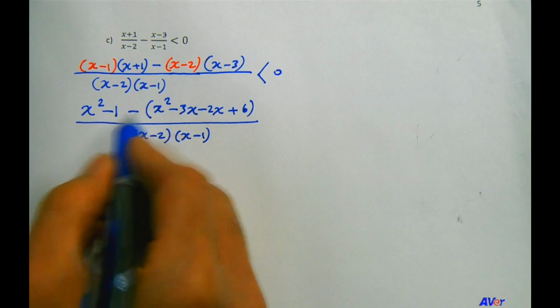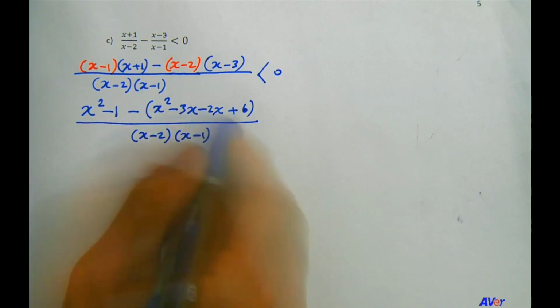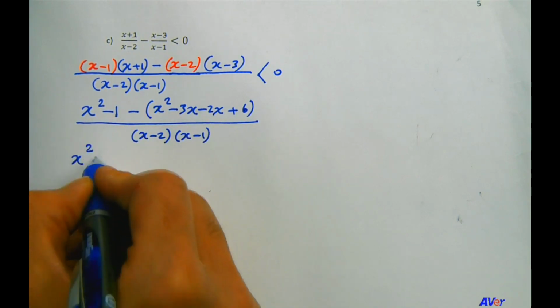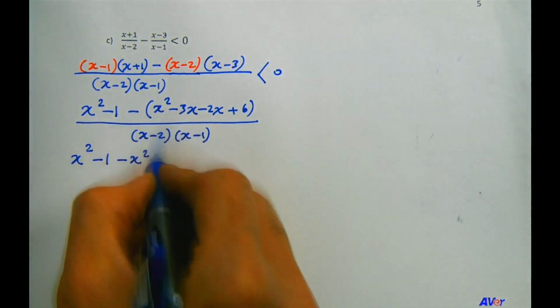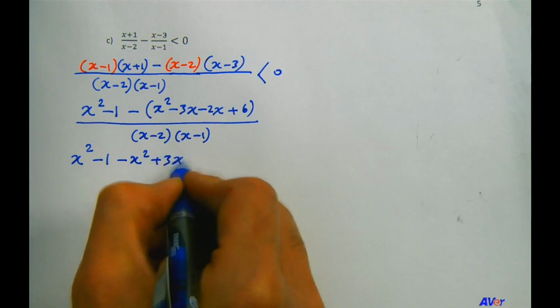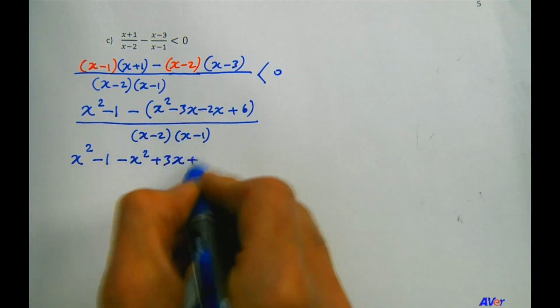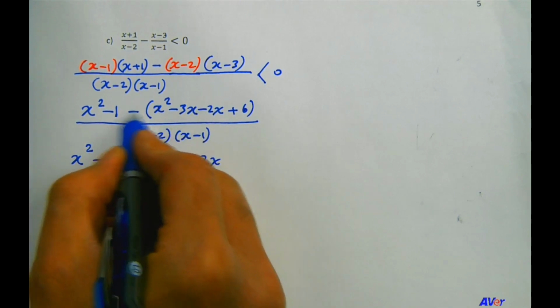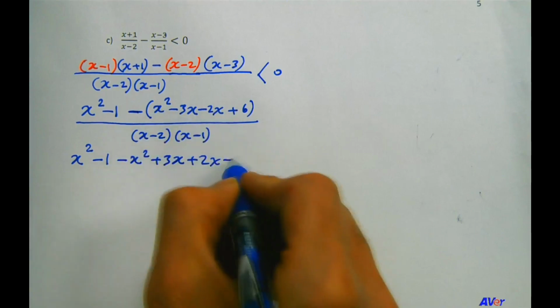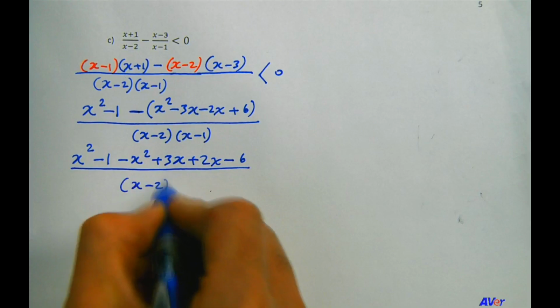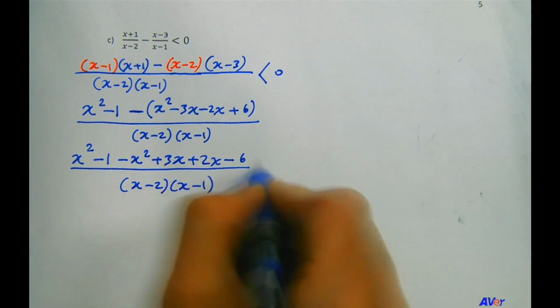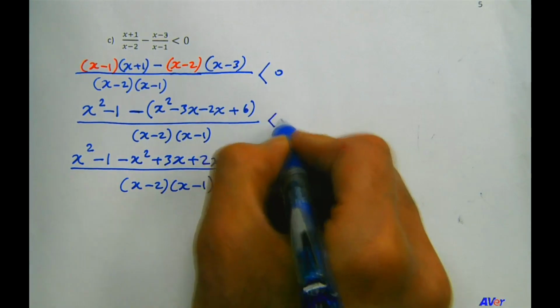Then let's distribute this minus into all of that. What do we get? We get x squared minus 1 minus x squared, positive 3x, positive 2x, right? We're just distributing this into that. Minus 6, divided by x minus 2 times x minus 1.